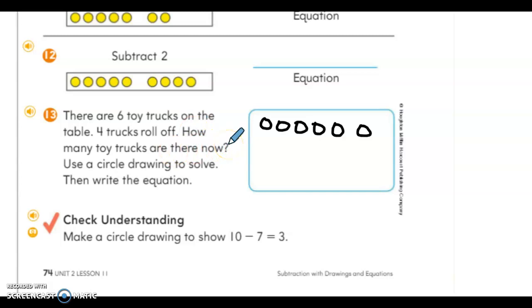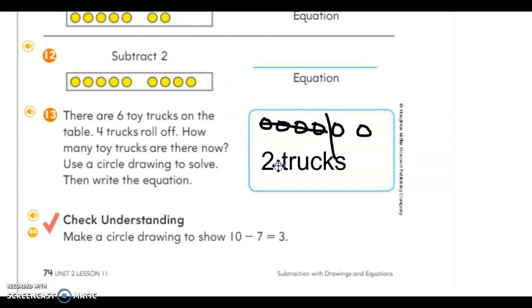So that means we have to subtract. How many should we subtract? Do you see it? It's 4. We're going to count to 4. 1, 2, 3, 4. Draw your break apart. Cross it off. The question was, how many toy trucks are there now? 1, 2. So you would write 2 trucks.